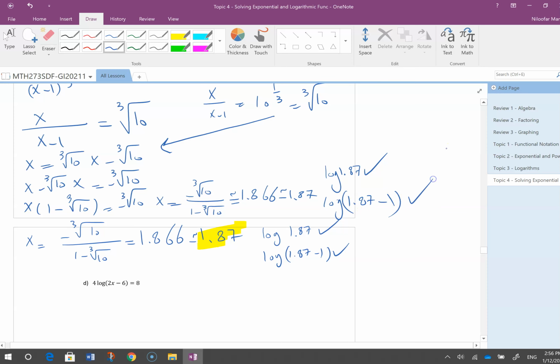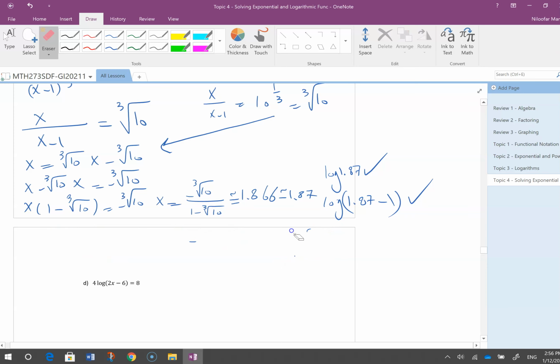So that's a valid answer. Okay, so I don't do this, I just highlight this one. And then I don't need to go to the other page. Okay, so the answer is valid.